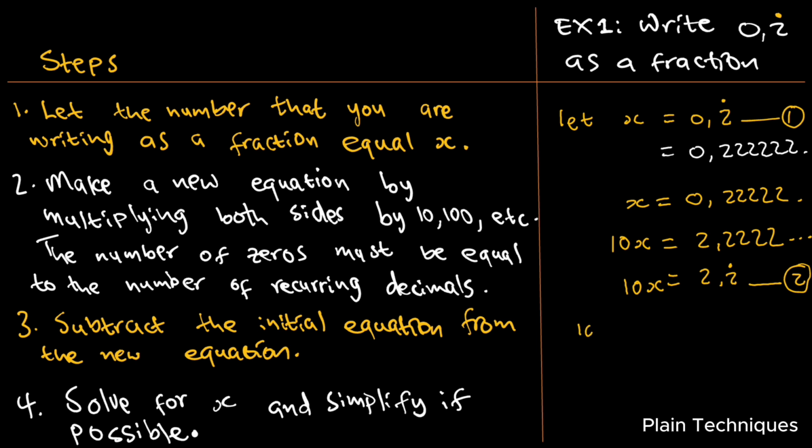So it's going to be 10x minus x, okay? And then on the right hand side, you have 2.2 dot for equation 2. So I'm going to minus what I have for equation 1, all right? So that will give me 2.2 dot minus 0.2 dot, which is for equation number 1.